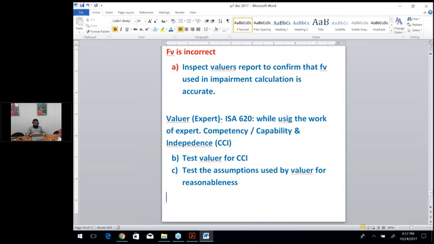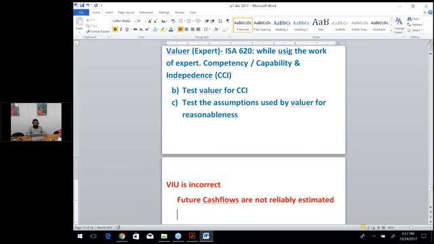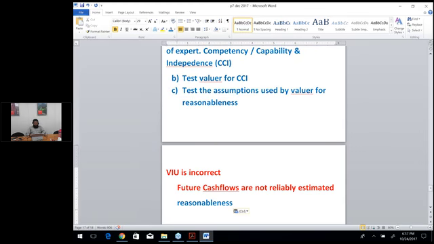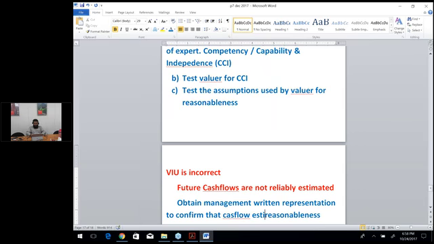Now, value in use is incorrect. So what are we going to do when it comes to value in use being incorrect? For that, obtain management written representation to confirm that cash flow estimates are reliable.